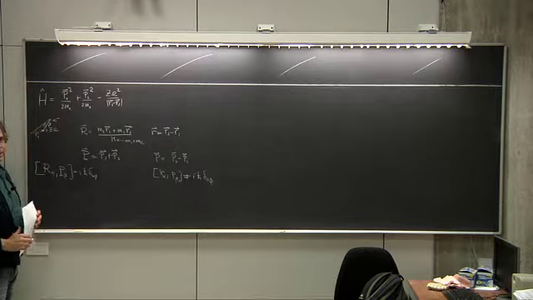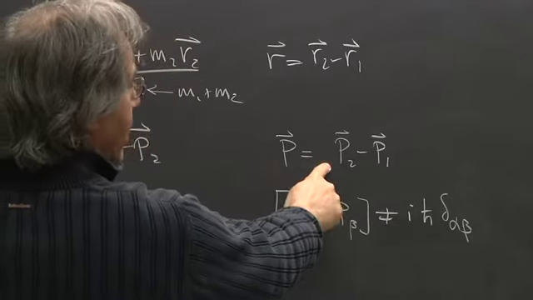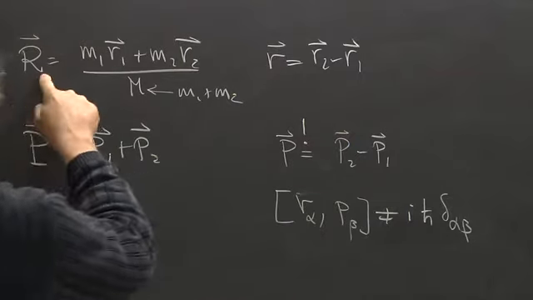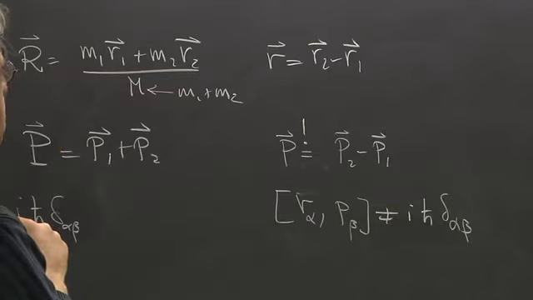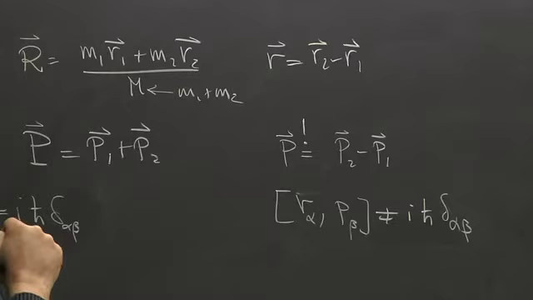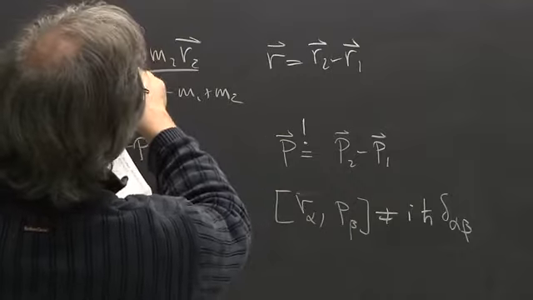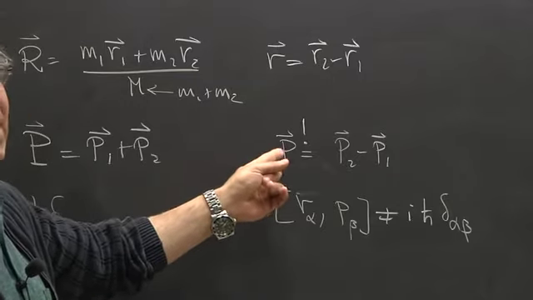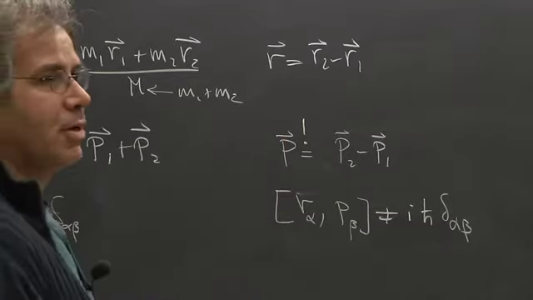And even worse, if you try to calculate the commutator of this relative momentum written in this way, notice this is wrong, with the center of mass coordinate, you will find something different from 0. You will find terms like m2 coming from here minus m1 coming from there, and the result is just not 0, which is bad also. So this object is not a good relative momentum because it doesn't satisfy the right commutation relationship.